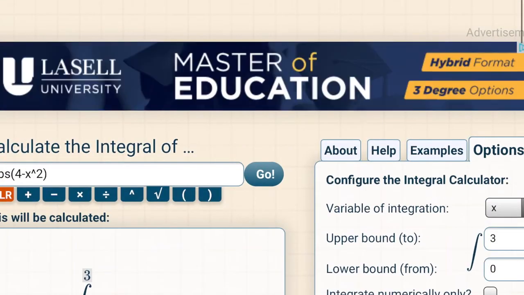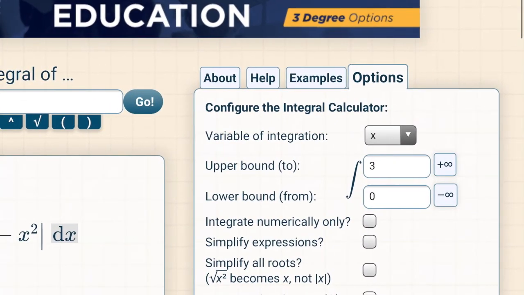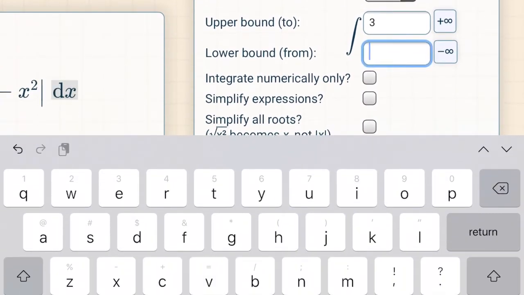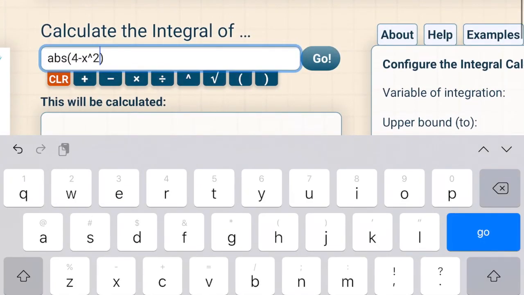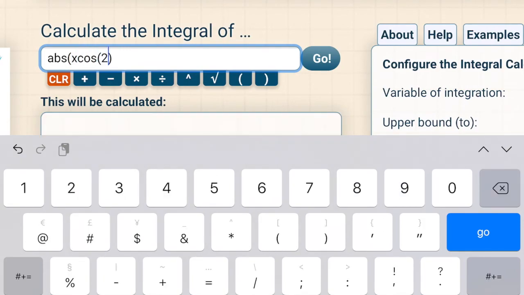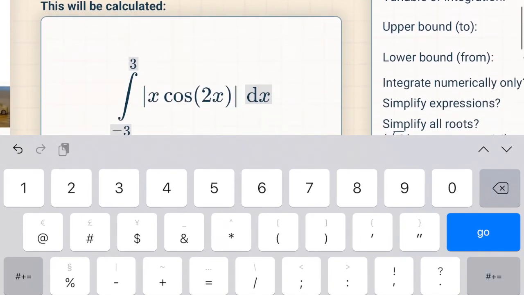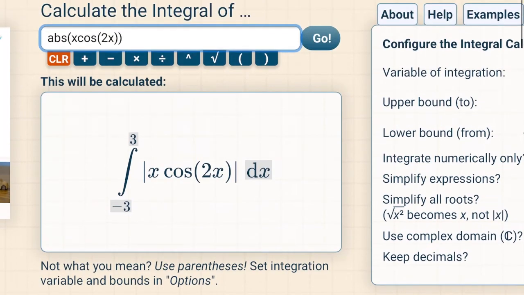Let's try it on here. This will be our last problem, I'm thinking. So -3 to 3. We're going to do the absolute value of x cosine of 2x. Always check it. Looks like I entered it correctly.